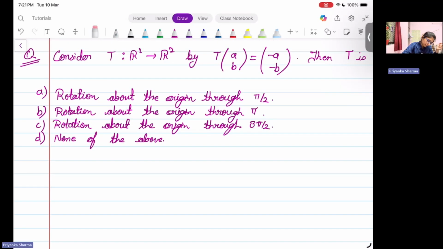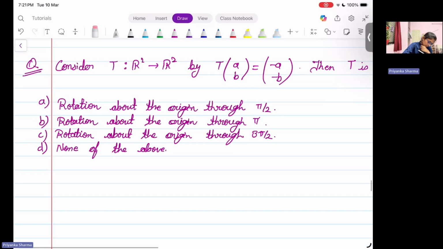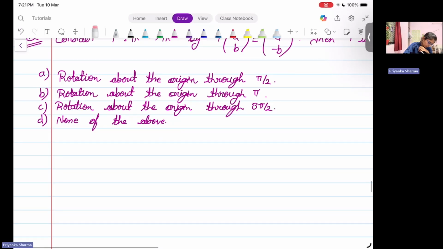Okay, we have a given map, and we are to check whether this is a rotation about the origin through an angle pi, 3 pi by 2, or anything else. So do it.